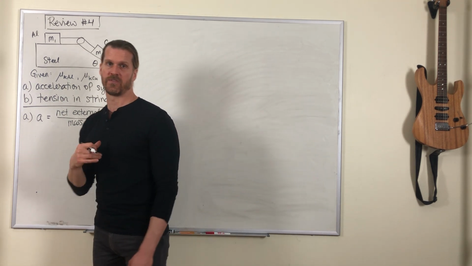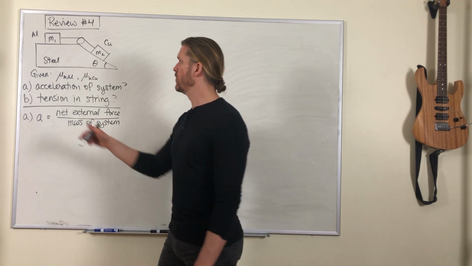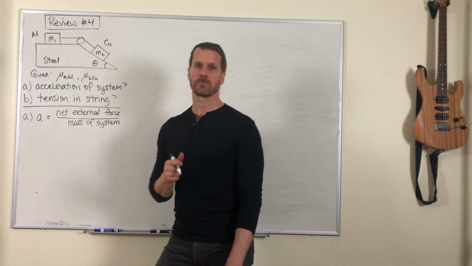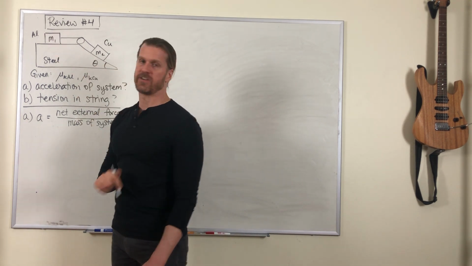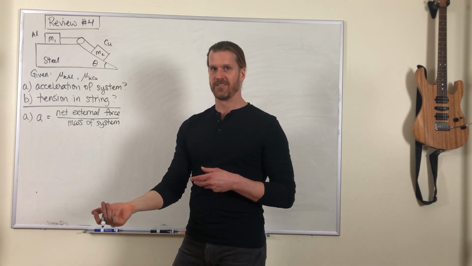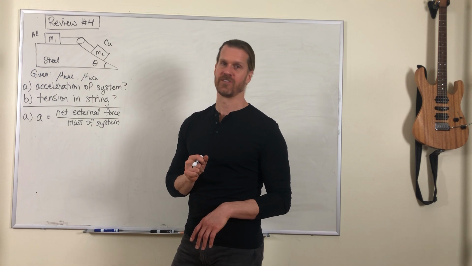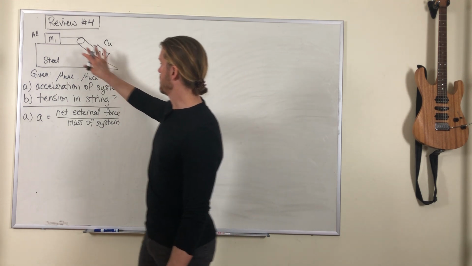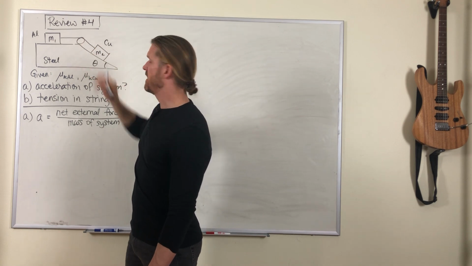So we don't need to worry about that tension force when we're calculating the acceleration. We will figure out the tension force in part B, where we just look at a single object as being a system. That makes the string external to that single mass, and then we can figure out the tension force. But in part A, our system is mass 1, the string, and mass 2.